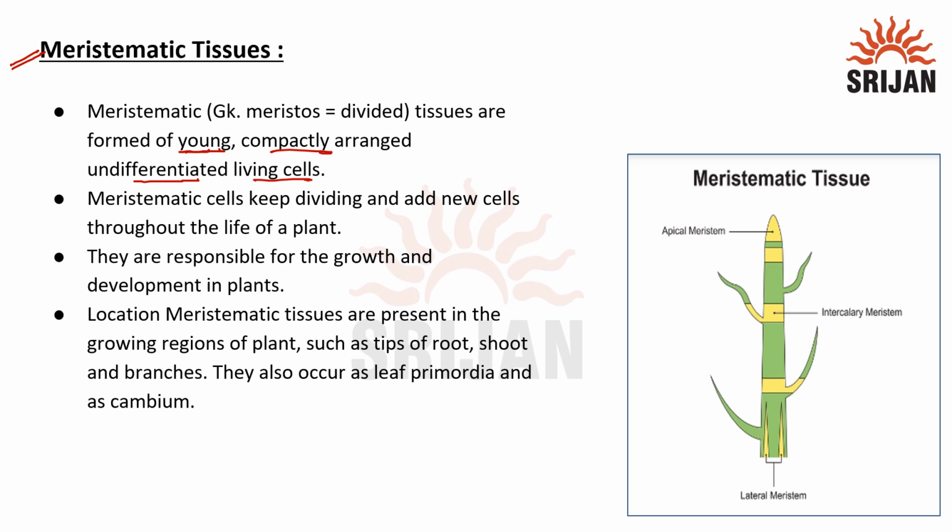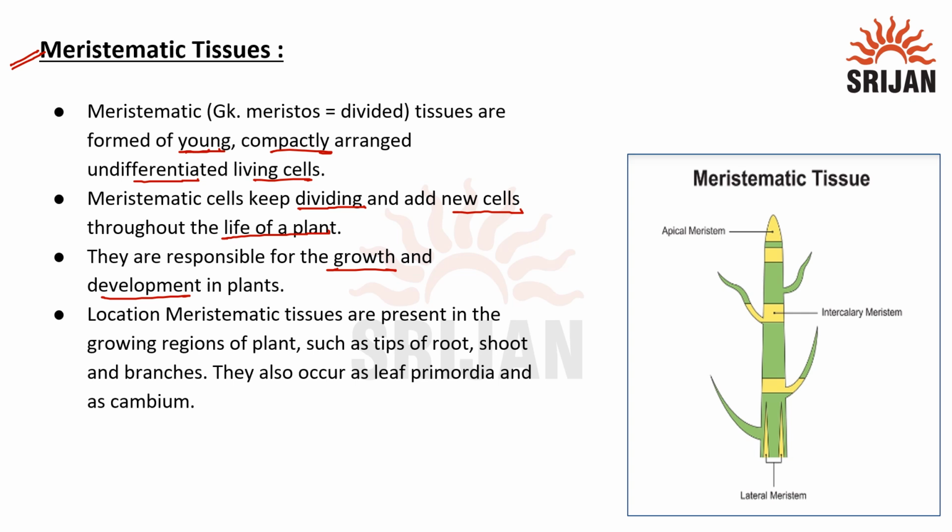The word undifferentiated means that they have not achieved any particular function. These meristematic cells keep on dividing and forming new cells throughout the life of the plant. Since they are dividing continuously, they are responsible for the growth and development of the plant.